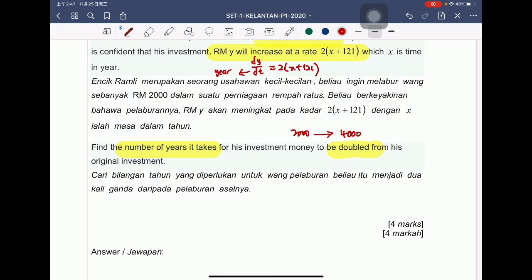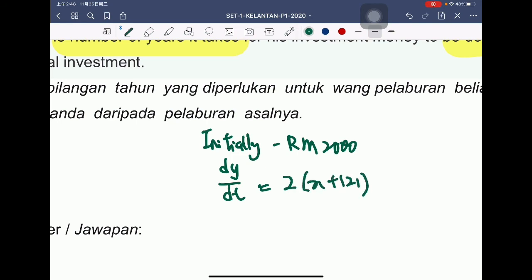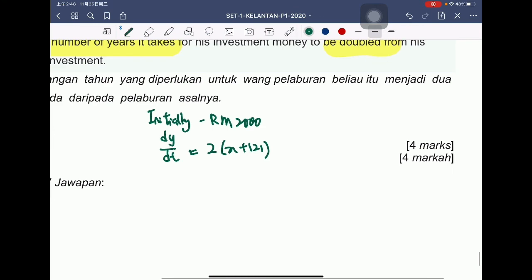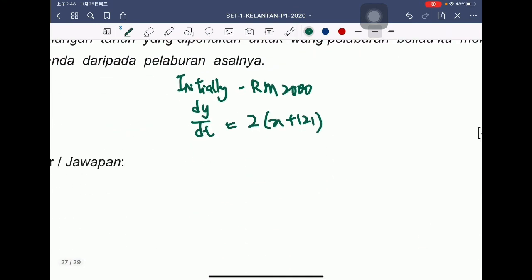So the first information that we can get from the question is initially he put RM 2,000, and we know that dy over dt is 2(x plus 121). So we know that dy over dt is 2(x plus 121). How can we convert it to become a normal y? We have to find y first.